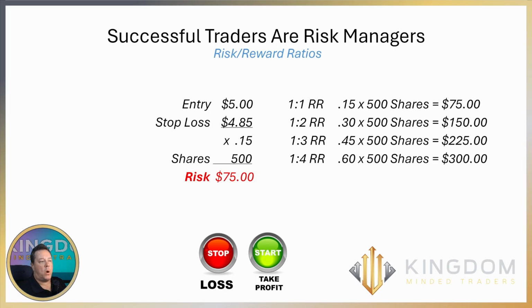If we did a 1-to-1, so I put in $1 and I'm making $1, and we're right 100% on this, that means we've made $75 rather than losing. That's a 1-to-1 risk to reward ratio. Now, if we just double that, our risk to reward is a 1-to-2.